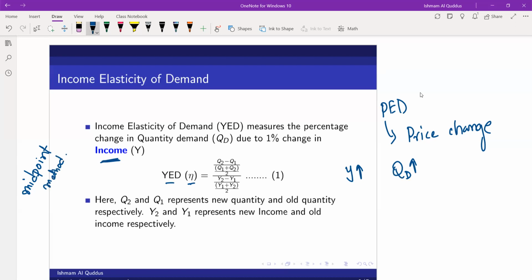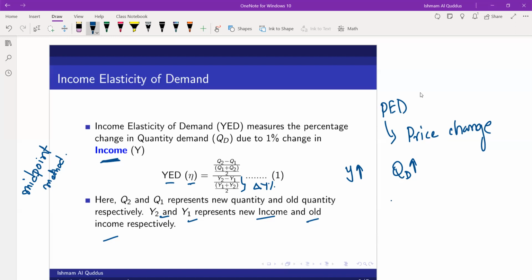But you need to observe the changes as well. It's not exactly the same formula. Here the notation is different because we are looking at the change in income, not price anymore. So Y2 represents new income, Y1 represents old income.